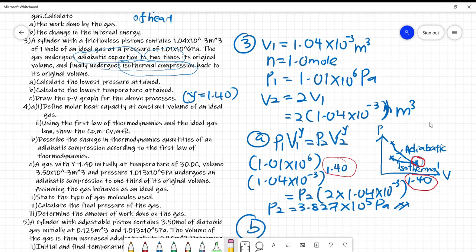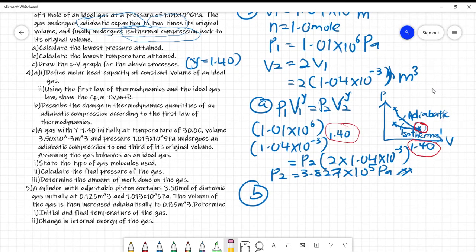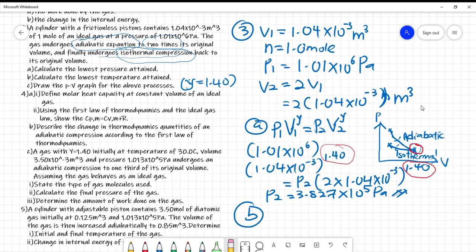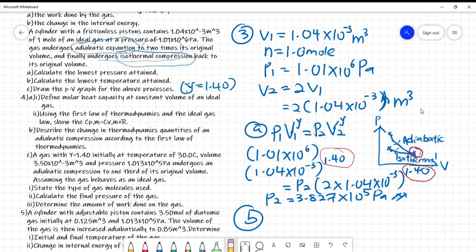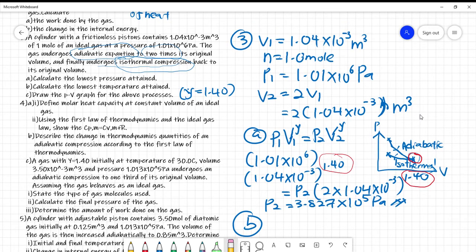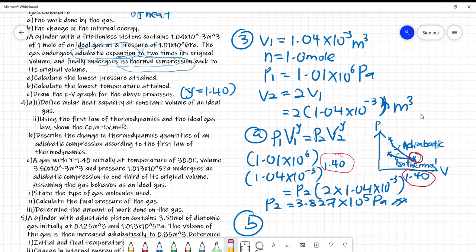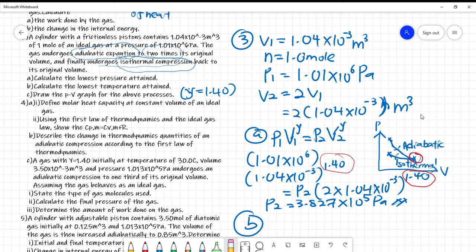No. Isothermal compression back to original volume.